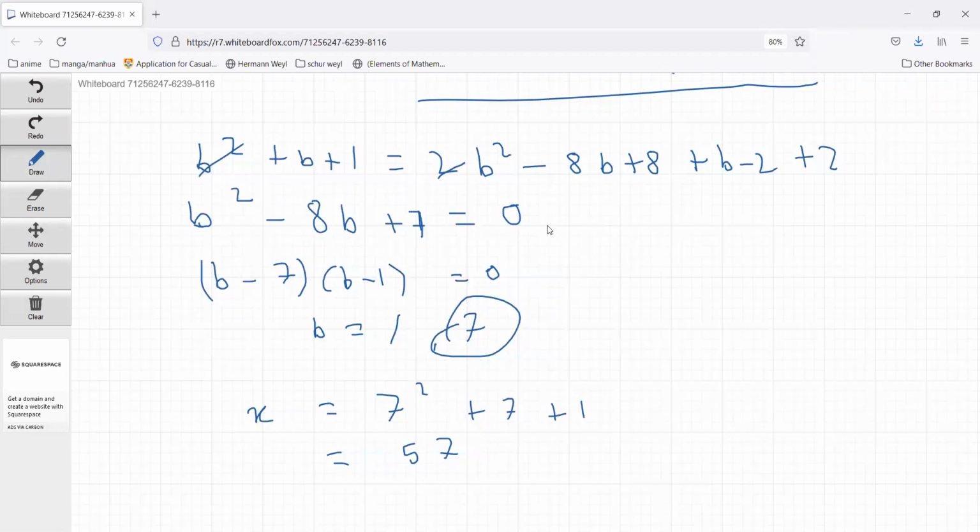So factorizing quadratics, the process we usually use is to find two integers that multiply to this and sum to this.